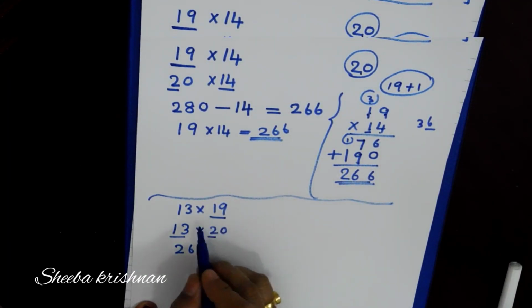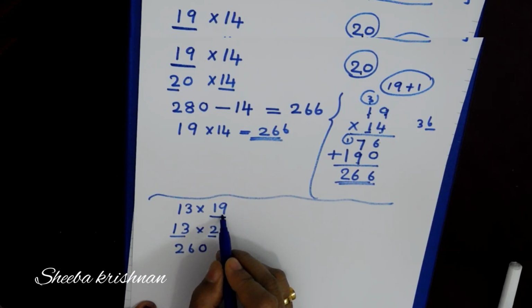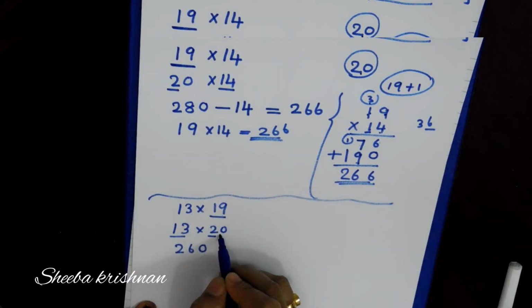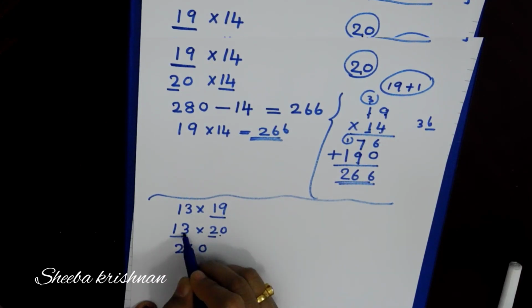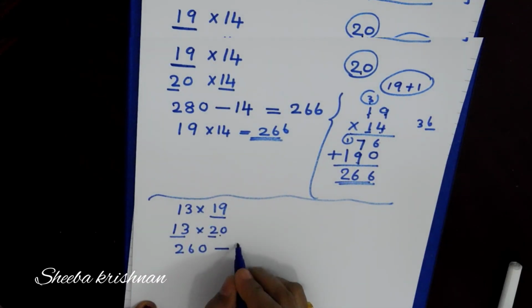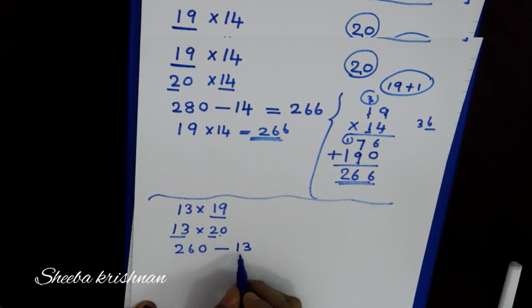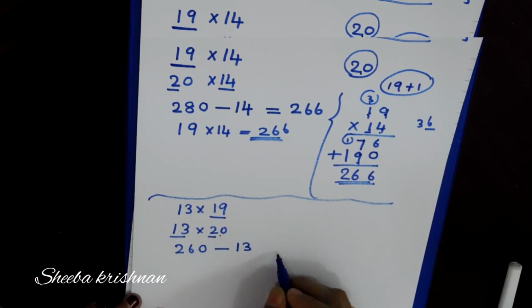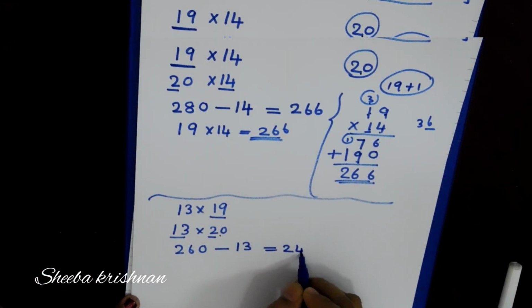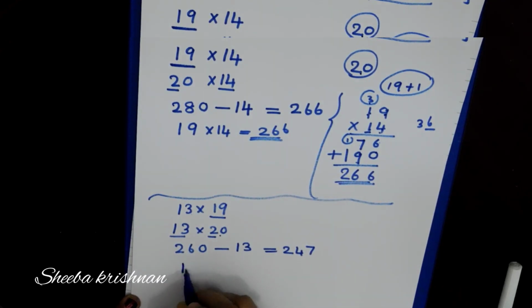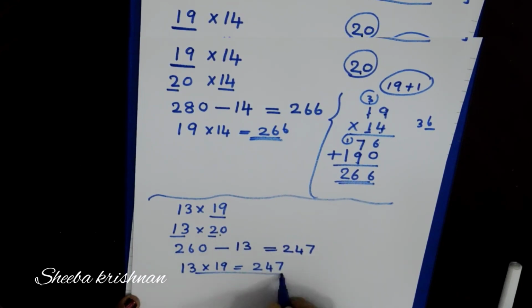So here we want to find only 19 times 13, but we found 20 times 13. So 13 we have to subtract. So 260 minus 13. 260 minus 10 is 250. Minus 3 is 247. So 13 times 19 is 247.